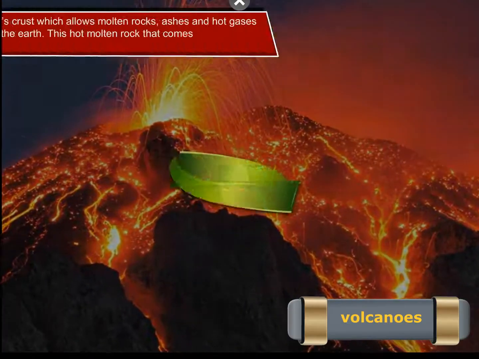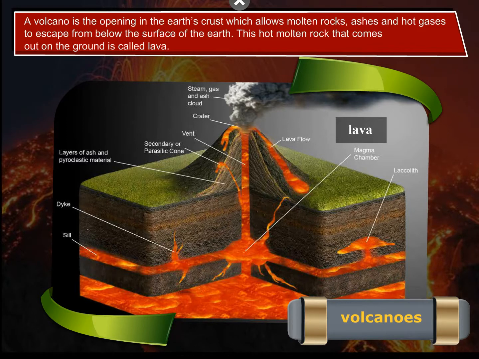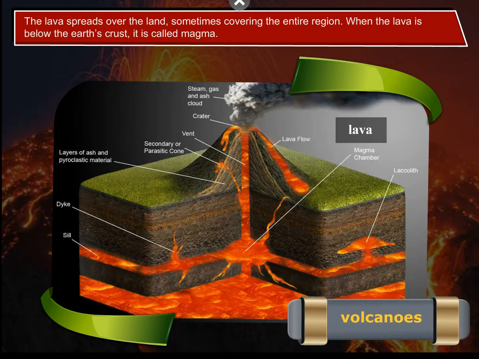Volcanoes. A volcano is the opening in the Earth's crust which allows molten rocks, ashes, and hot gases to escape from below the surface of the Earth. This hot molten rock that comes out on the ground is called lava. The lava spreads over the land, sometimes covering the entire region.